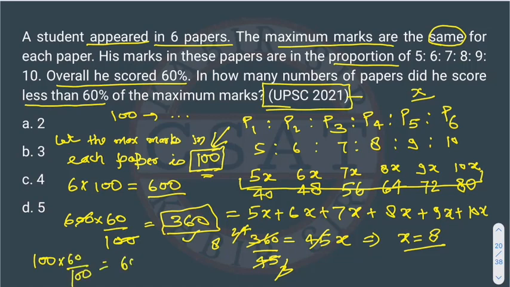It will be 60 only, right. So the question is asking, in how many papers is he scoring less than 60 marks. In paper 1 he is scoring less than 60 marks, in paper 2 also, and in paper 3 also. In paper 4 he is scoring more than 60, here also more than 60, and here also. But we have to find out in which papers he is scoring less than 60. So papers 1st, 2nd and 3rd are below 60. So we have to tell in how many papers?